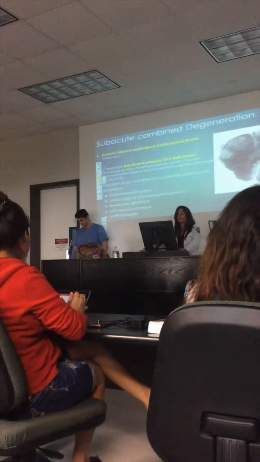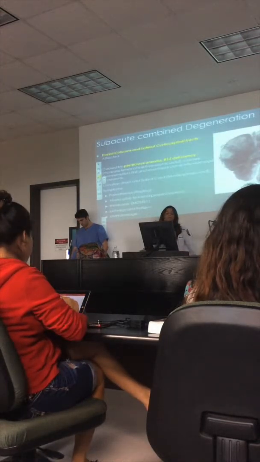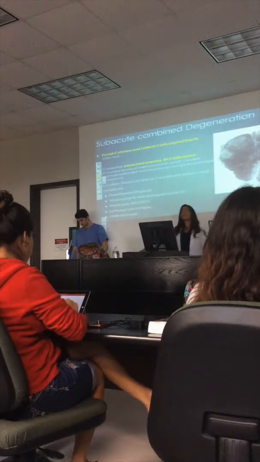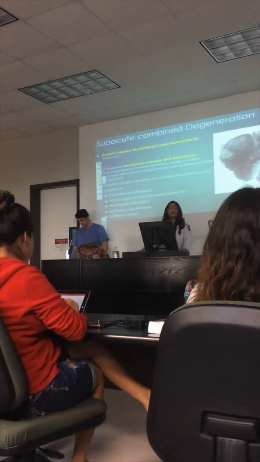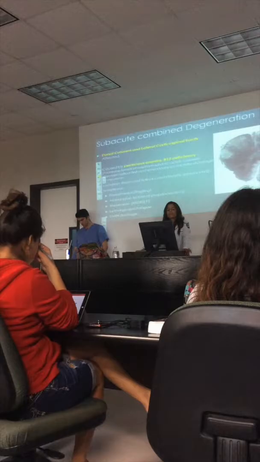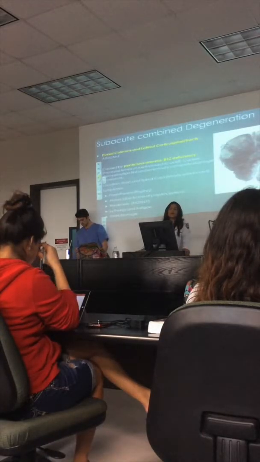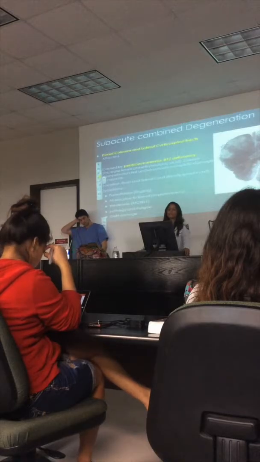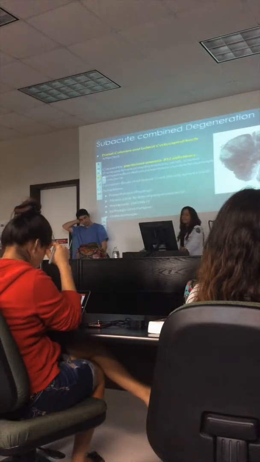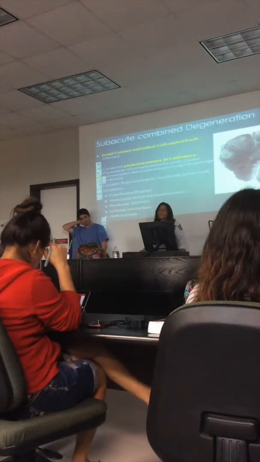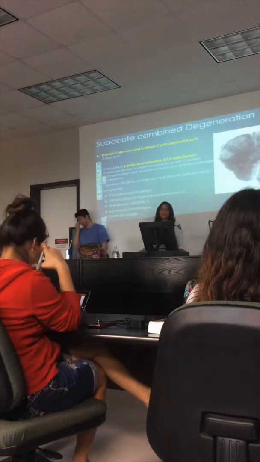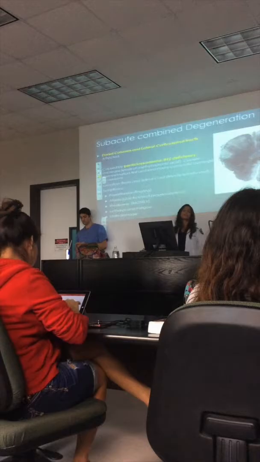Because, now subacute combined degeneration. If you remember from biochemistry, subacute combined degeneration is caused by vitamin B12 deficiency. It says pernicious anemia. I really don't remember why pernicious anemia, but I do remember why vitamin B12 deficiency, because of increased methylmalonic acid.